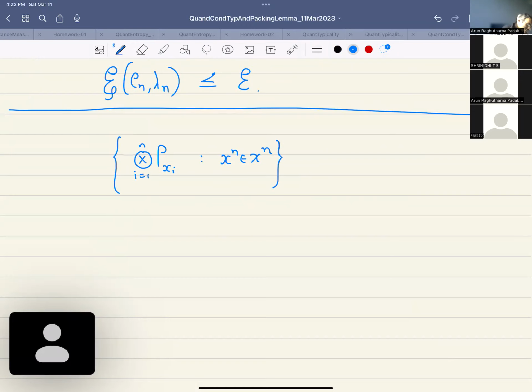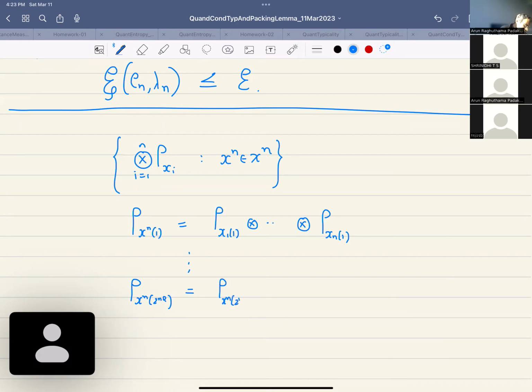But the problem is, remember, two states are distinguishable if and only if they have orthogonal support, right? So what you are trying to do is pull out a bunch of states. I'll call it xn of 1, so x1 of 1, xn of 1. You're trying to prepare a bunch of states that are in some sense asymptotically orthogonal so that you can distinguish them.